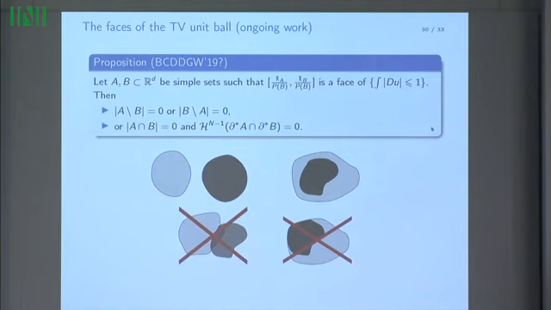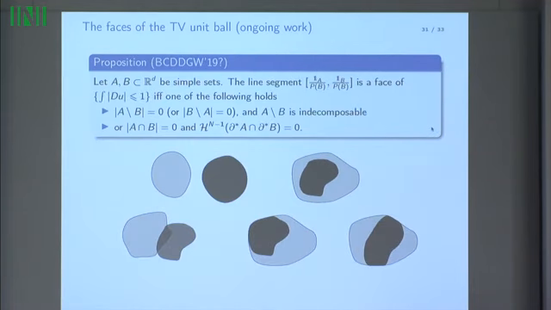Or if the intersection is null in the measure theoretical sense, and the Hausdorff measure of this frontier is 0, then it's fine. But this is not a necessary and sufficient condition. To have a necessary and sufficient condition, I need A minus B to be indecomposable. So this is this one, okay? A minus B here is decomposable, so I cannot use it.